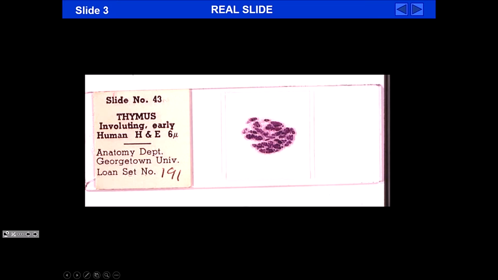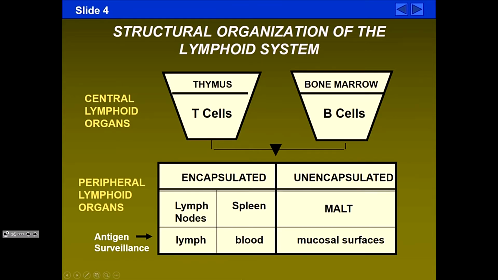So if we look at the thymus from a younger individual, you can see this piece of tissue has quite a bit of hematopoietic tissue associated with it. Of course, we consider the thymus to be a central lymphoid organ because it is the location of the final maturation of T cells and release into the circulatory system, as opposed to B cells which mature in bone marrow.